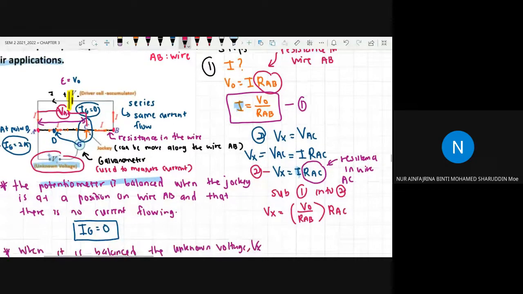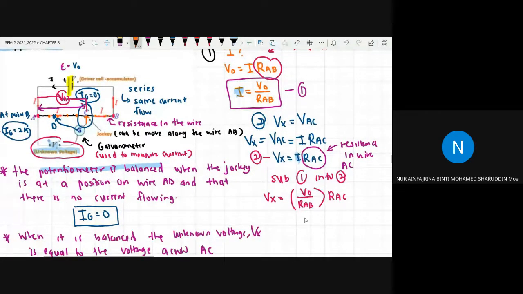And then what I'm going to do, I'm just going to swap the place. Miss akan swap sahaja tempat dia. So maksudnya Vx, V0 akan keluar, RAC akan masuk dalam. So awak akan dapat dengan V0. Okay. So that's all untuk yang ini. So ini adalah satu equation.